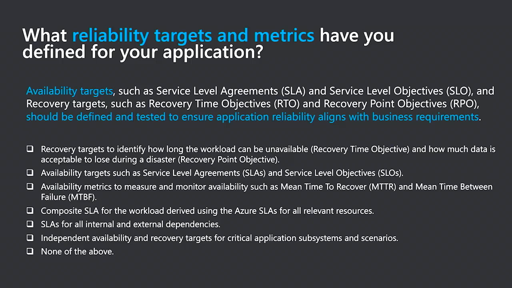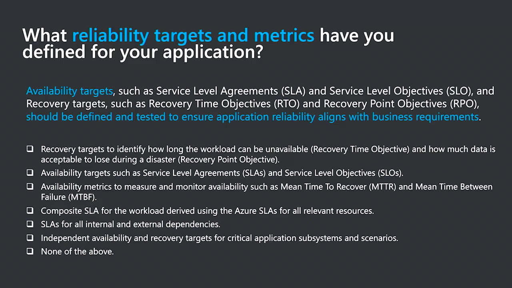The critical nature of your application will help you determine the right levels. Other key metrics are the average time it takes to restore after failure and how much uptime there is between failures. Use these metrics to help find service level agreements or SLAs that meet business requirements. A clearly defined SLA not only guarantees uptime, but also outlines credits in case of downtime. If you are using many services in an application, using a composite SLA can save you money.